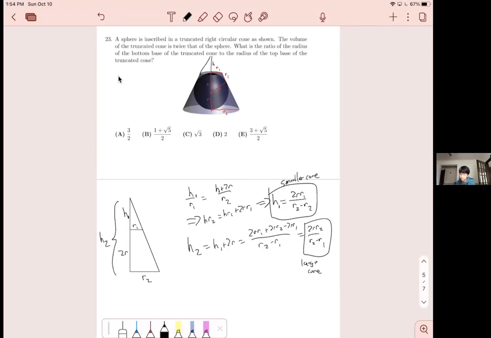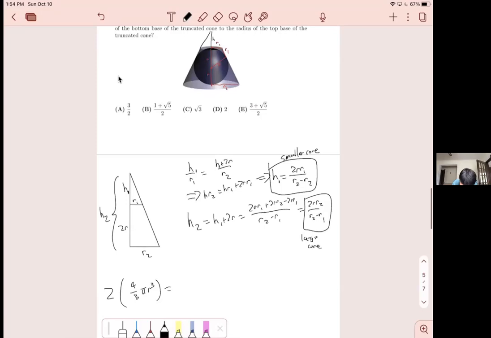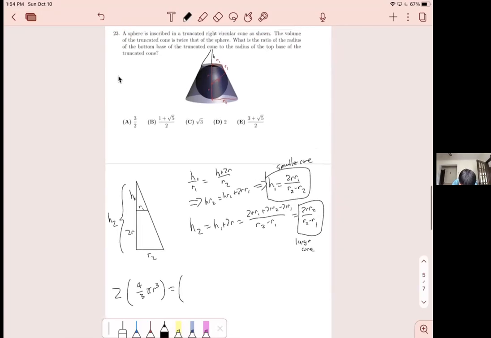And the difference in the heights is 2R. And this is enough to get us pretty close. Based on this, we can get that 2 times the volume of the sphere is equal to the volume of the large cone.